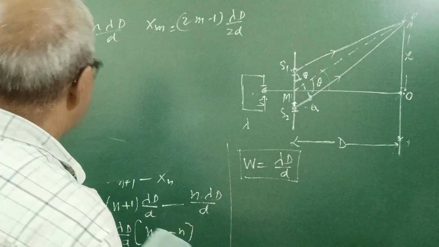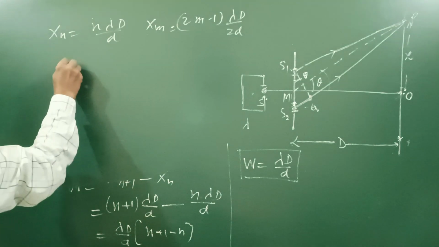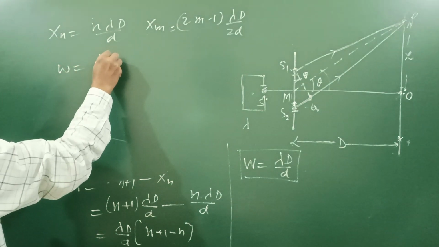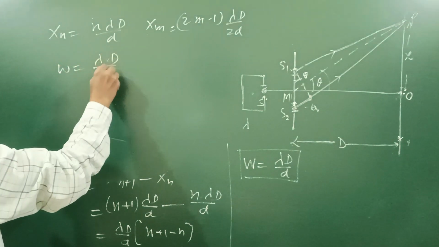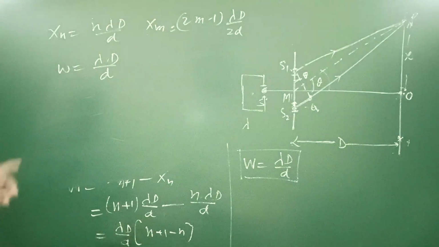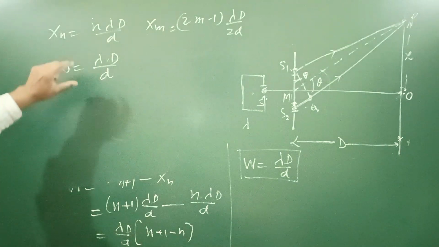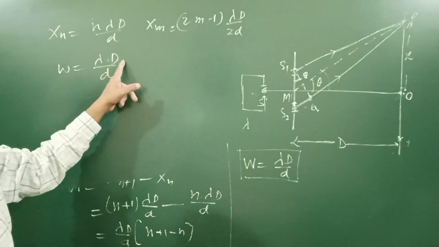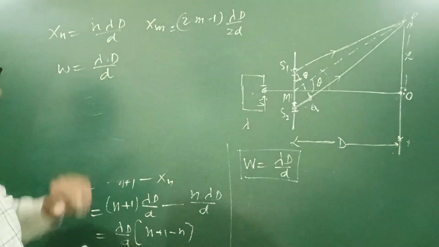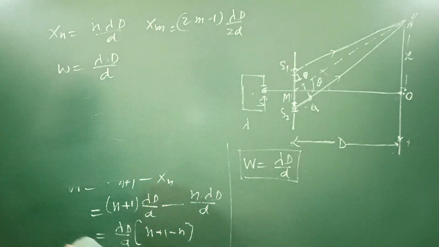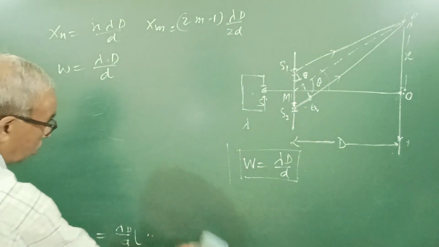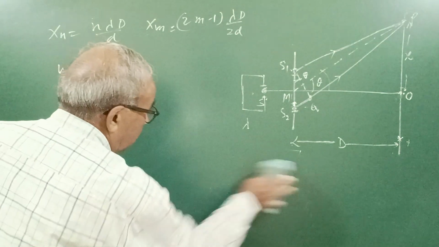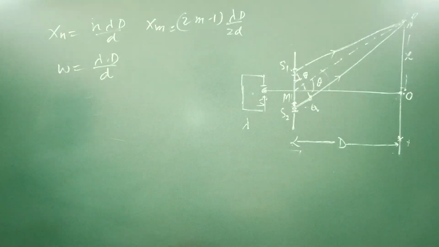Small d is the distance between the slits. And the width of fringes is lambda D upon d. Numericals come there. Actually the problem is that wavelength will be given in angstrom, D in meter, small d in millimeter. So while solving the problem, we have to put all things in meter first and then solve.